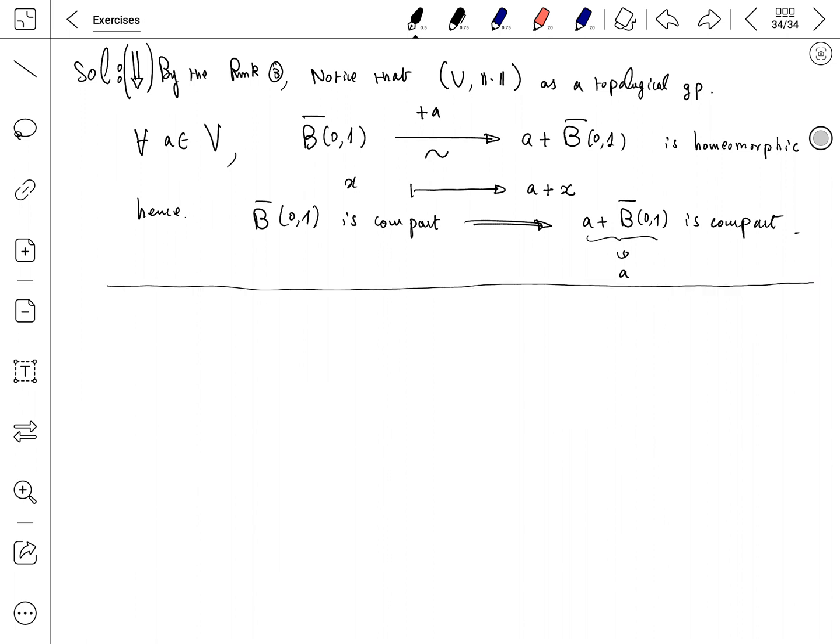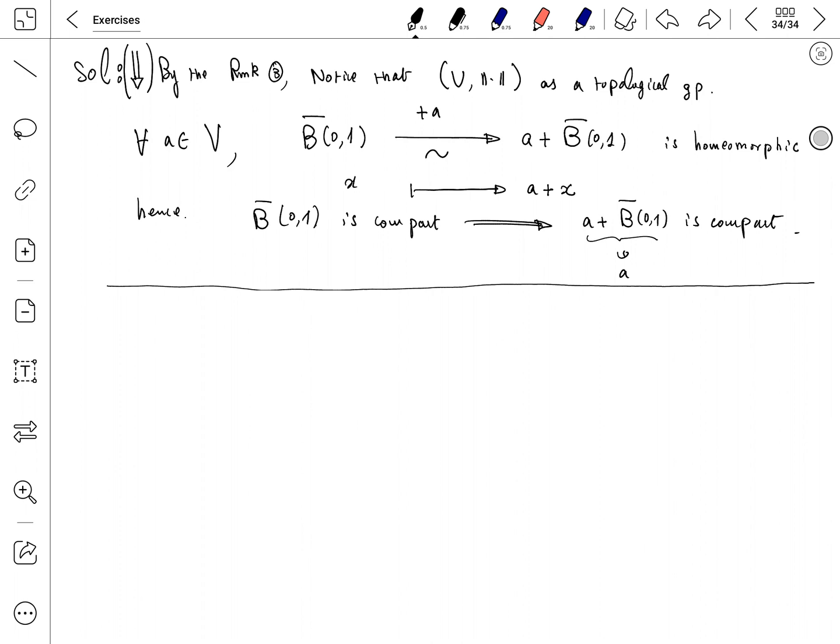So why is this a topological group? Because firstly this is a K-vector space. So with respect to the addition, you have at least a Z-module, right?